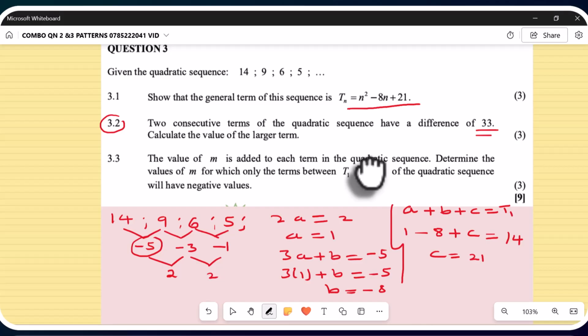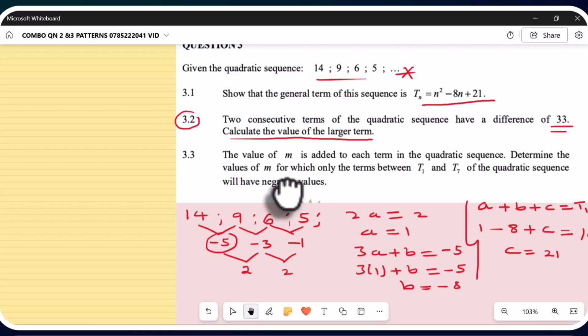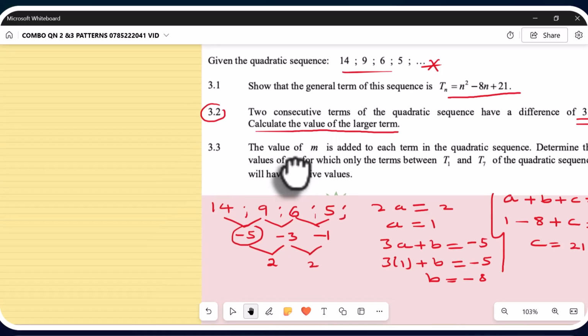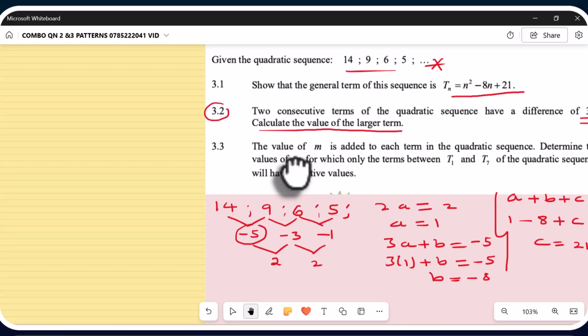So T21 will be given by what? Here we now use the big Tn, which is n squared minus 8n plus 21. So we're going to say it's 21 squared, and then minus 8 times 21, and then plus 21.